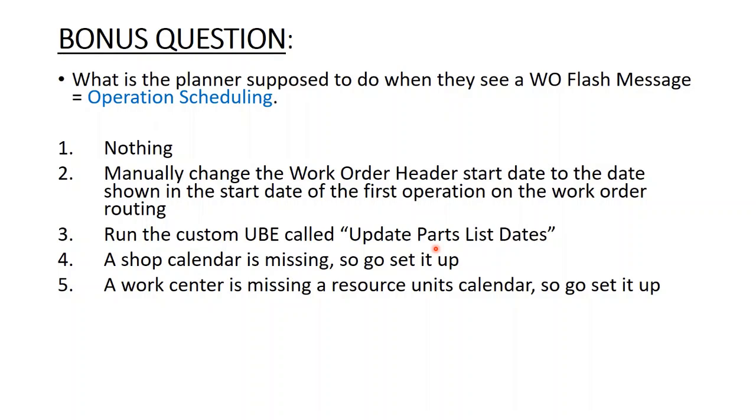Are they supposed to manually change the work order header start date to the date shown in the start date of the first operation of the work order routing? Are they to run the custom UBE called update parts list dates? Or a shop calendar is missing, so go set it up. Or is the planner supposed to go set up the missing resource units?